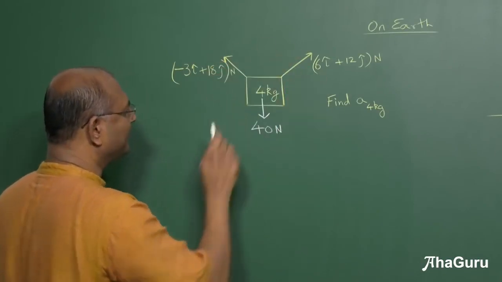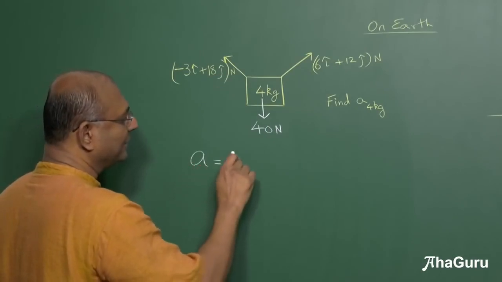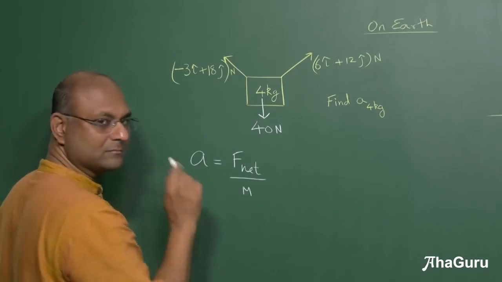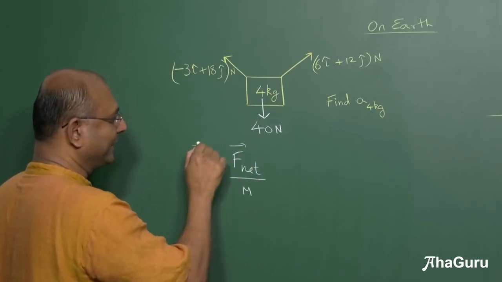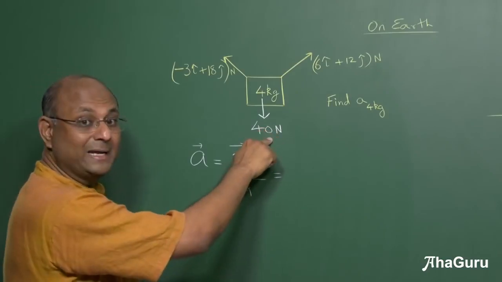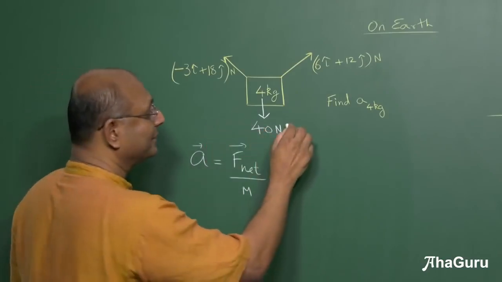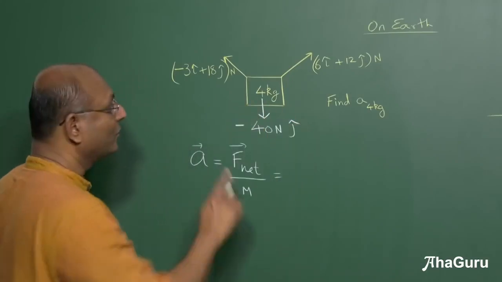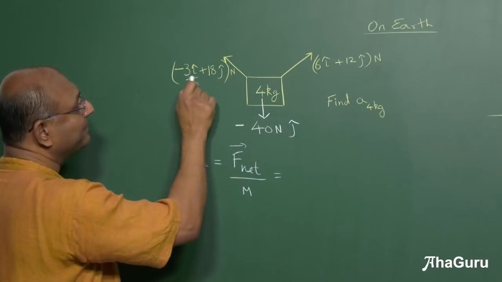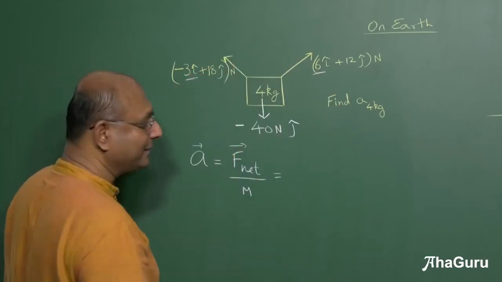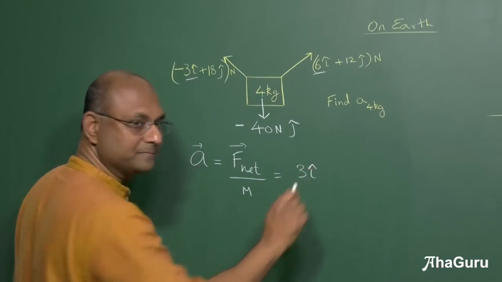Let us look at the net force. The acceleration is net force by mass. This is the vector there, so we must look at vector addition. What is this? Minus 40 j cap. Now let us look at the i cap: 6 i cap minus 3 i cap, so what is it? 3 i cap.